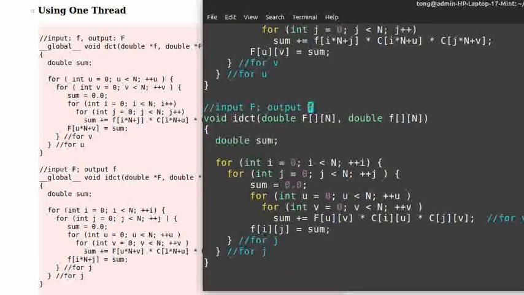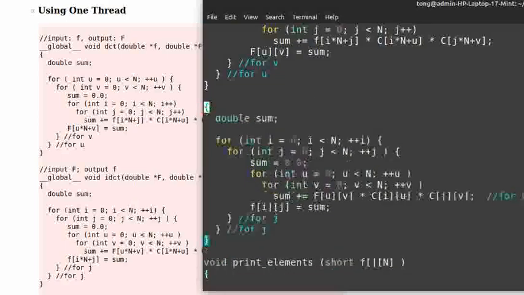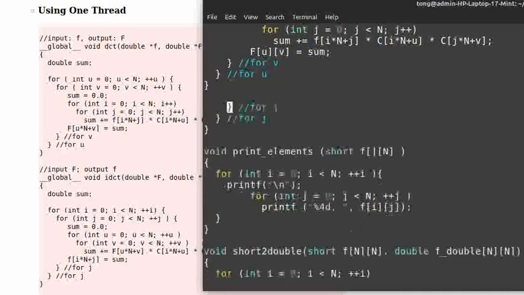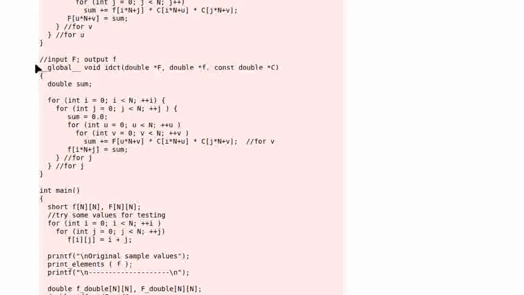Let's copy the code, which is way faster. So we just copy from here.